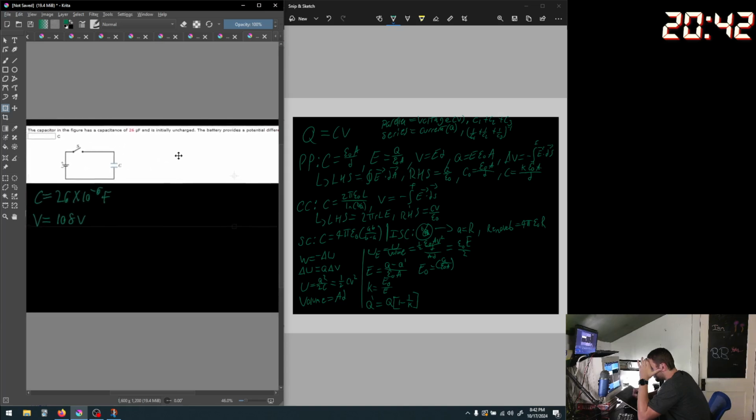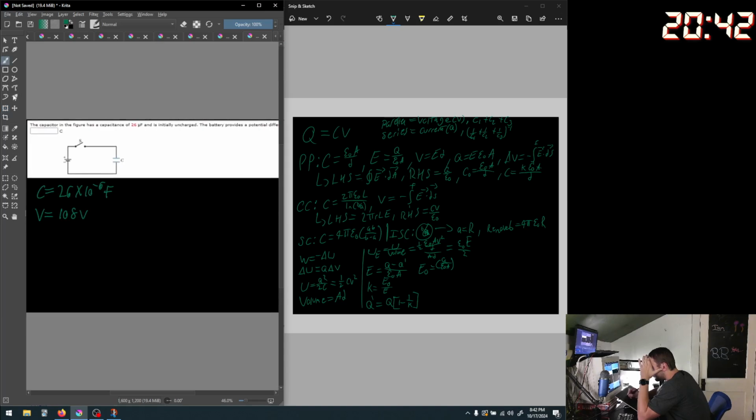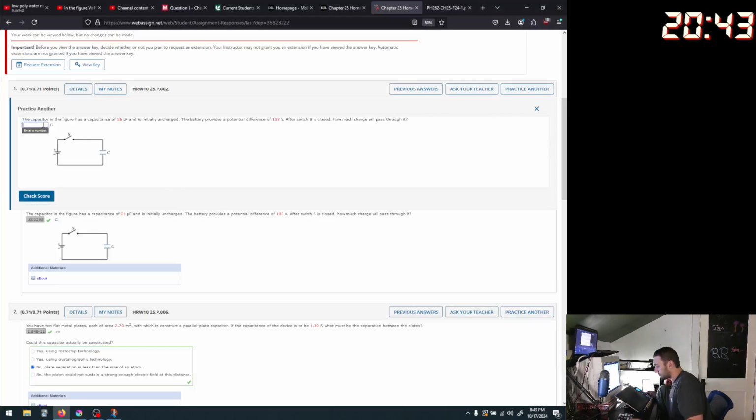So here, Q equals CV, which is dead easy. It's going to be 26 times 10 to the negative 6 times 108, which equals 0.0028. Check.